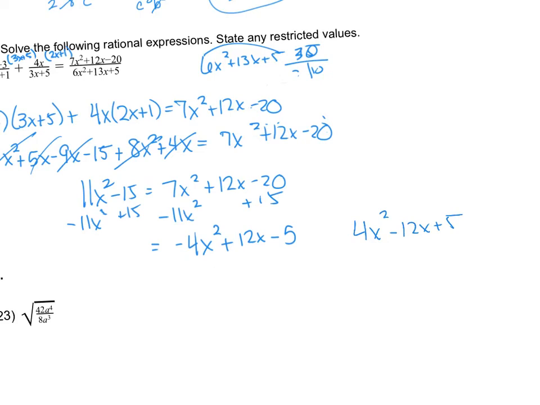Factors of 20 that add to 12, 10 and 2. Take out a 2, 5 and 2, 2x minus 5, 1, 2, 2x minus 1, so x equals 5 over 2 and 1/2.